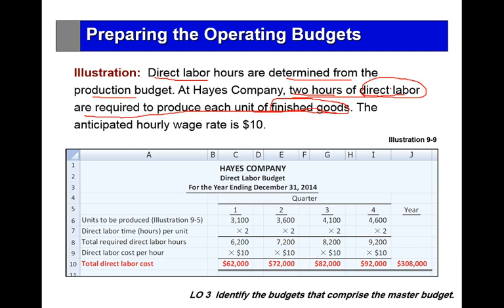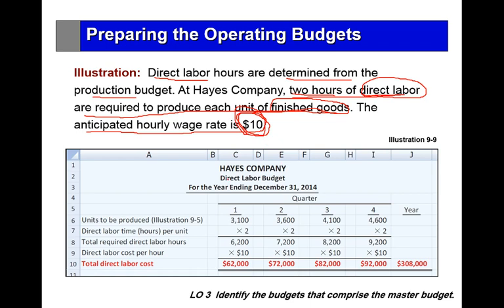Continuing our example, we have to complete direct labor, then the manufacturing overhead budget. We anticipate that the company will pay $10 per hour for direct labor.